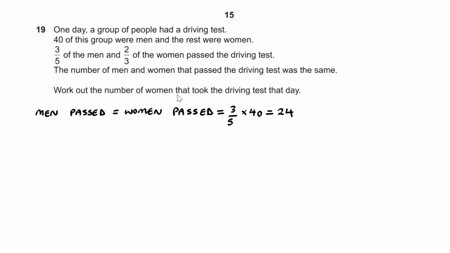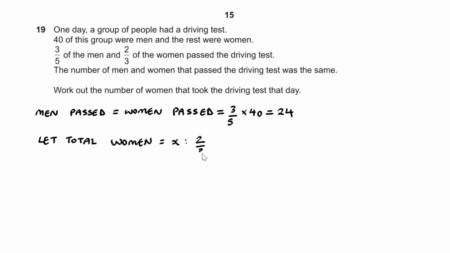Now, we have to work out the number of women who took the driving test that day. So what we will do is we will let the total number of women equal x. So letting the total amount of women equal x, and that's what we're finding, what we know is 2/3 of the women passed the driving test.